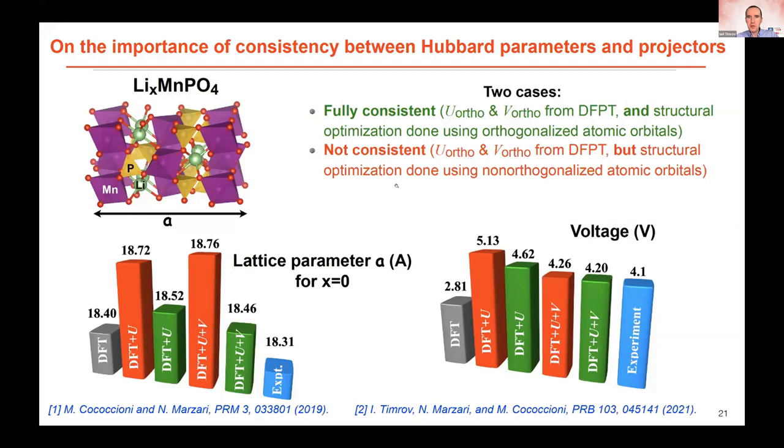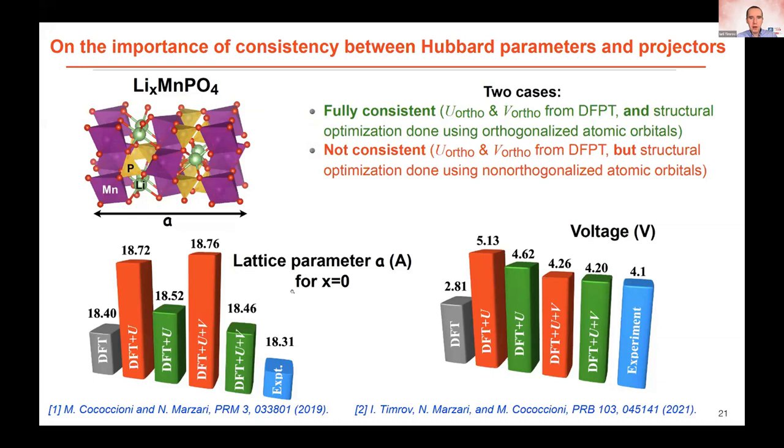And in red, I show you the not consistent case where Hubbard U parameters were obtained with orthogonalized atomic orbitals, but the structural optimization was done with these values using non-orthogonalized atomic orbitals. So there was some mismatch between the values of Hubbard parameters and the type of projectors.